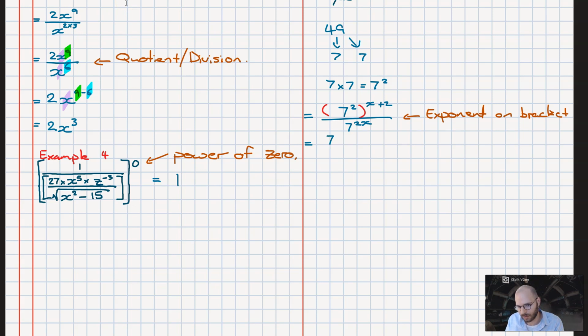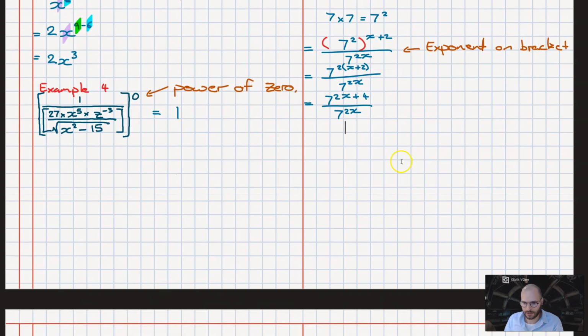So 7 to the power of 2 times x plus 2, over 7 to the 2x. Simplifying, it will become 7 to the 2x plus 4, divided by 7 to the power of 2x.